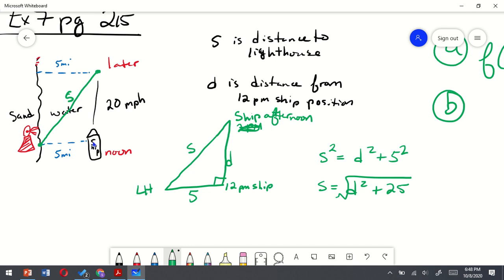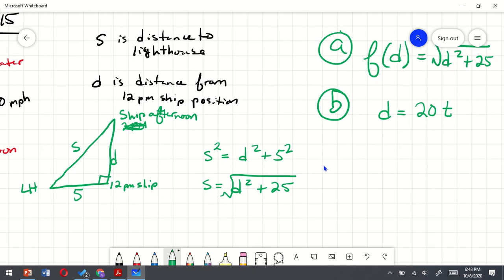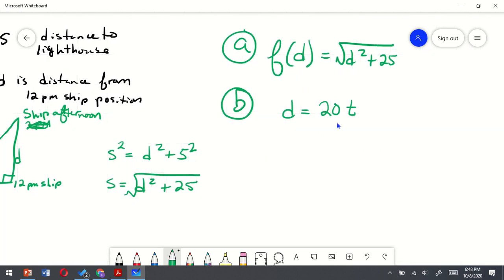So every hour, it'll be another 20 miles, meaning that the distance will equal the speed, 20 miles per hour, times the time. They did ask us, though, to not call it d equals, but to use function notation. They ask us to call it g of t, and that's written in the instructions for the problem. But the distance equals the speed times the time.